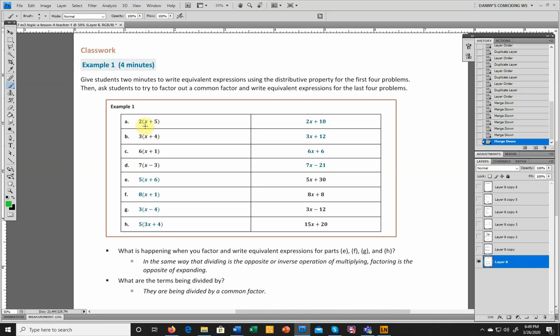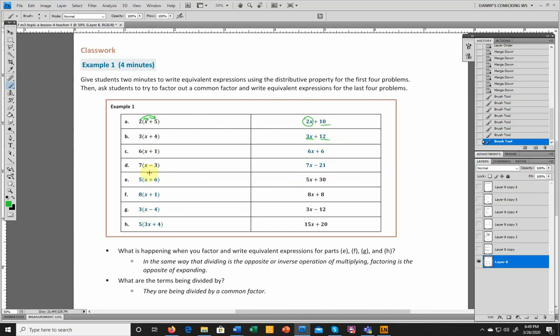For A, we have 2 times x plus 5 would be 2x plus 10, because the 2 is also going to be times 5 as well as x. So don't forget that. 2 times 5 is 10. For 3, we have 3 times x plus 4. Same deal. It becomes 3 times x, and 4 times 3 is 12.